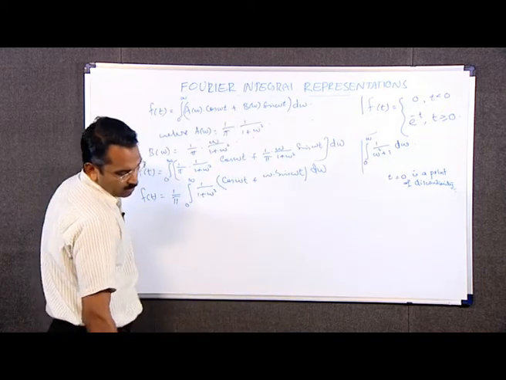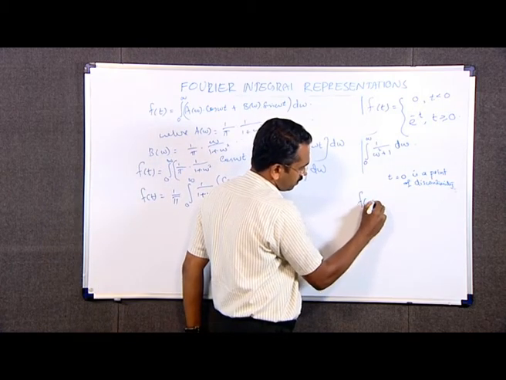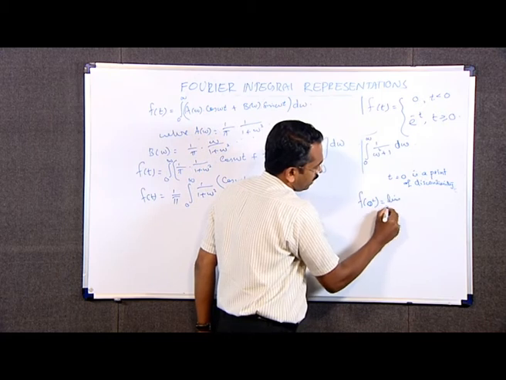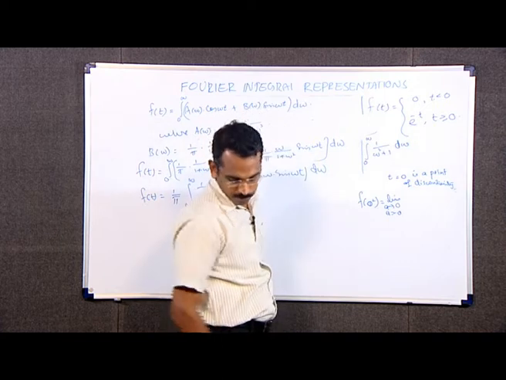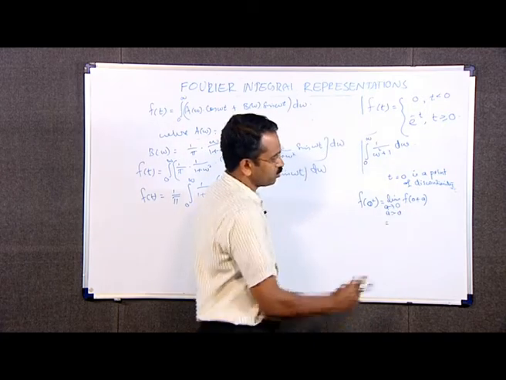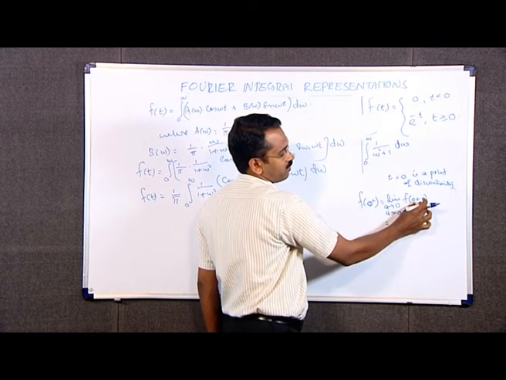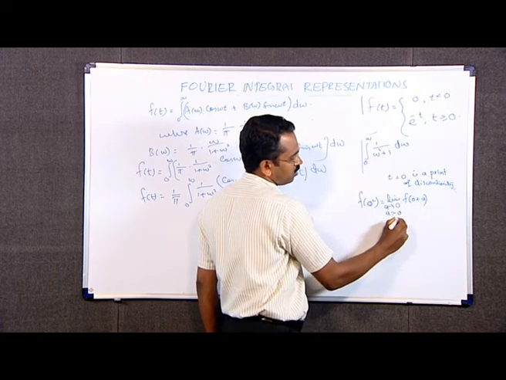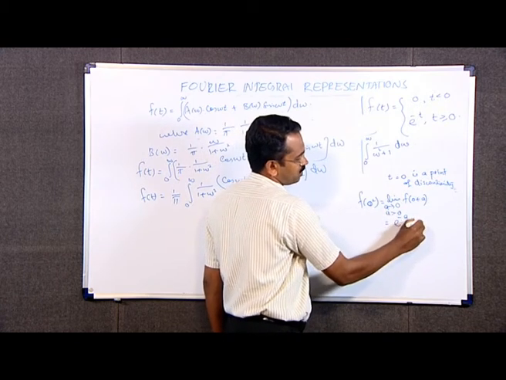Now, the right hand limit is f of 0 plus, which is equal to limit a tends to 0, where a is greater than 0, f of 0 plus a. This is equal to e raised to minus a, and as a tends to 0, this is 1.